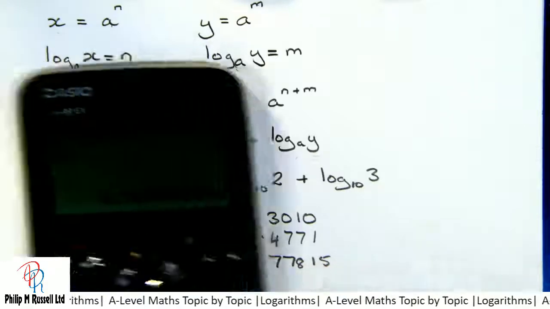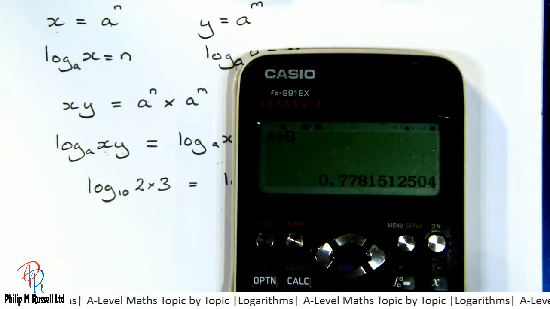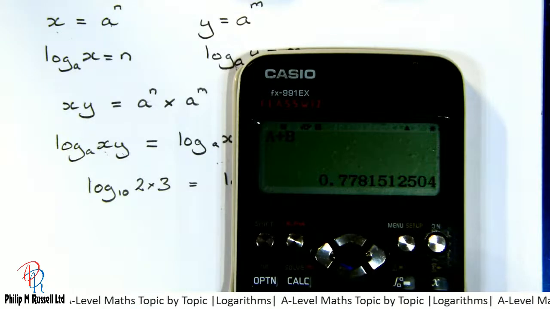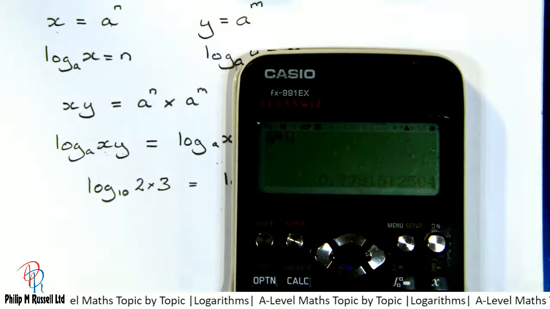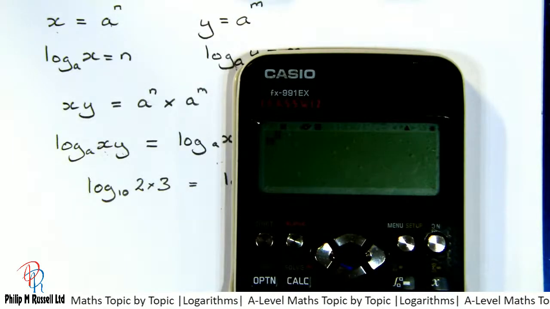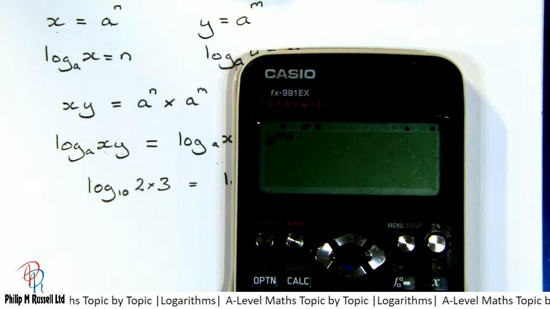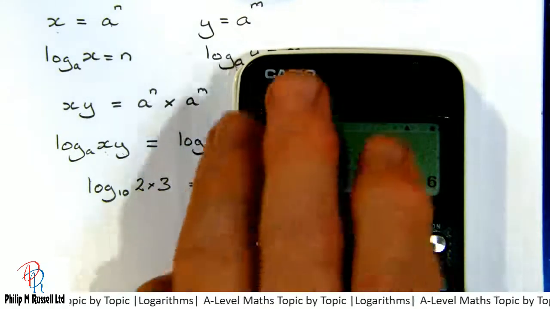I wanted more decimal places, because what I'm now going to do is convert this back to the other form. So I'm just going to do shift 10 to the power of my answer, and that will give me the answer 6.